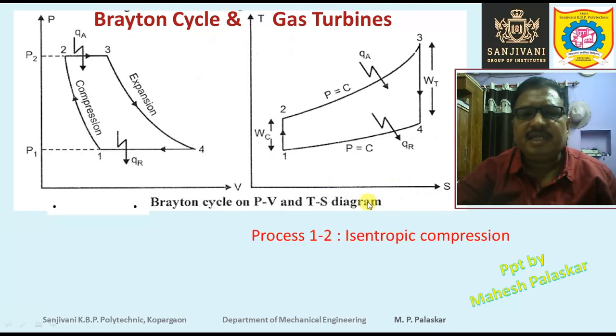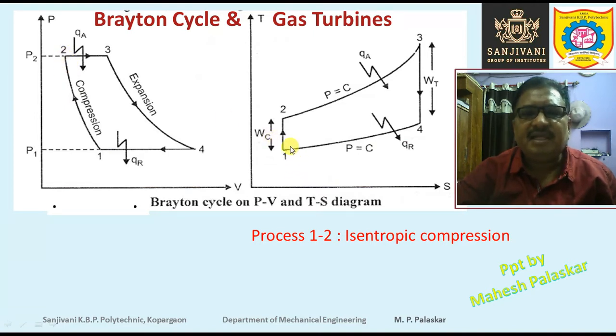The first process is the process 1-2, and that is nothing but isentropic compression. If you look at the PV diagram, you can see that during the process 1-2, the pressure is increased and the volume is decreased. It means this is a process of compression.